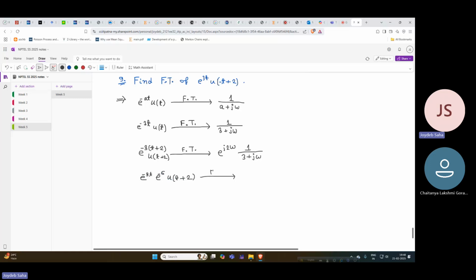Its Fourier transform is e to the power j2 omega multiplied with 1 upon 3 plus j omega.